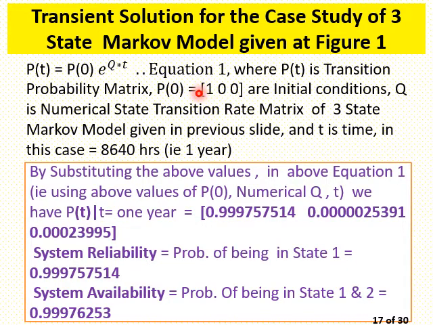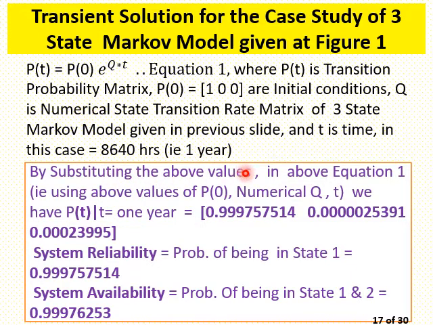That is, the Markov process is in initial state 1. Q is the numerical state transition rate matrix of the three-state Markov model given in the previous slide. T is the time t, that is 1 year.